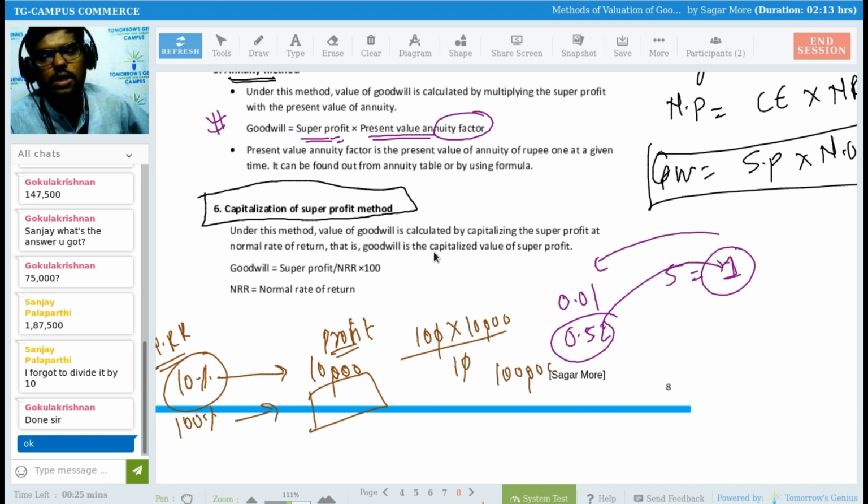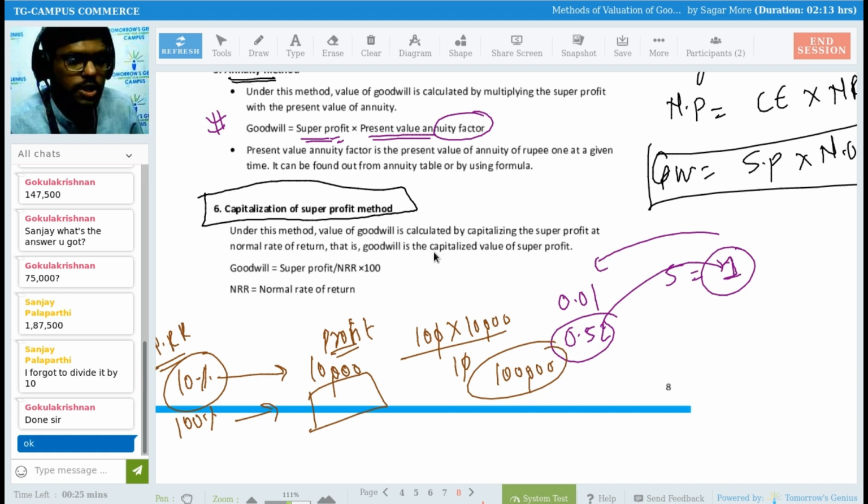This is nothing but the calculation of goodwill by the capitalization of super profit method. Capitalization means you are grossing up your profit to the 100% level. So the expected profit at 100% capacity is goodwill by the capitalization of super profit method.